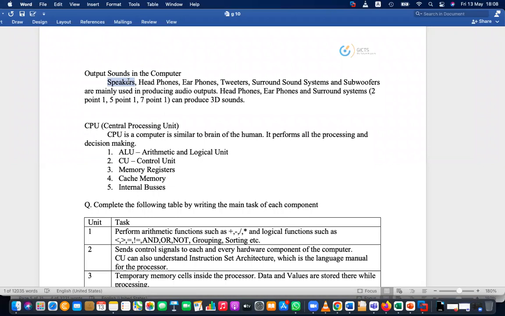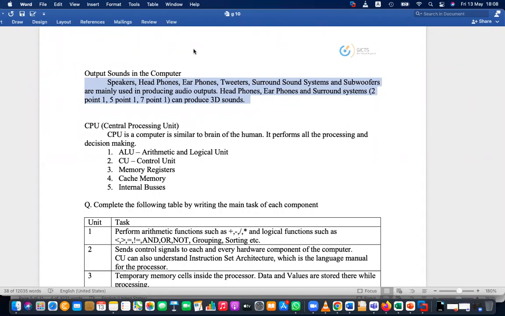So it is basically a convenient way of listening to music, because the sound is not moving outside, and you can personally hear the music or sound. A surround sound system is basically to give you the 3D feeling. So if you want to feel 3D sound, you can experience a surround sound system.